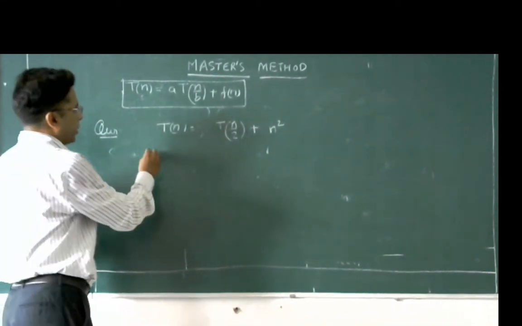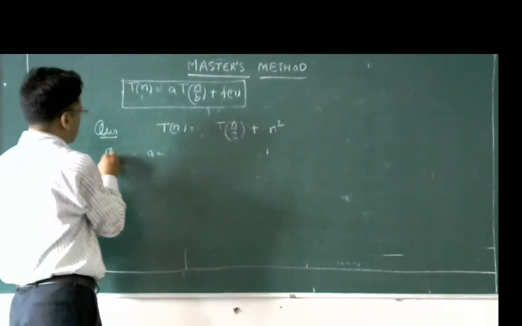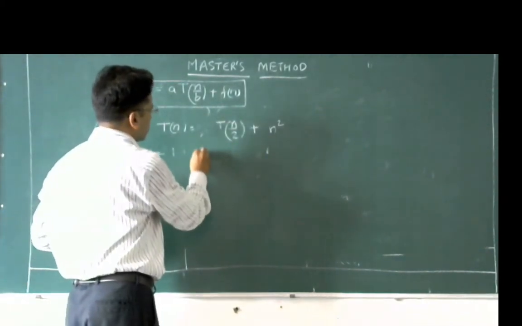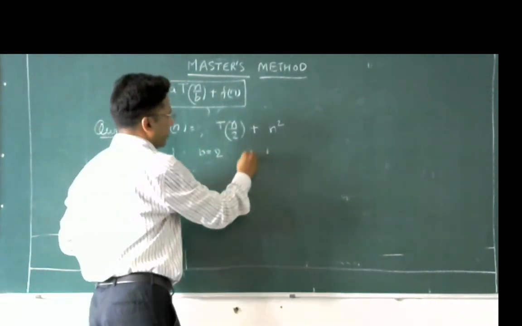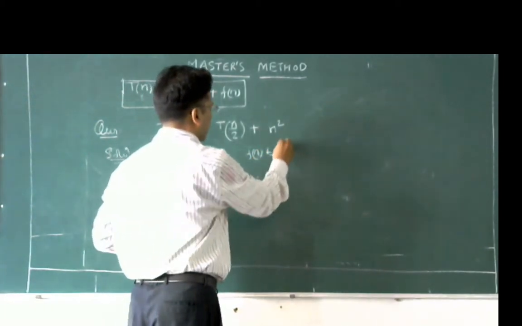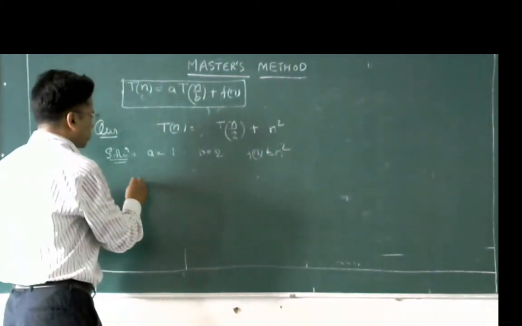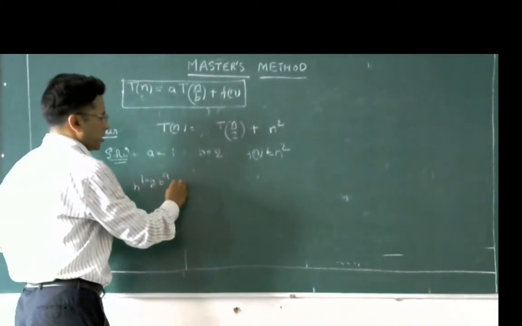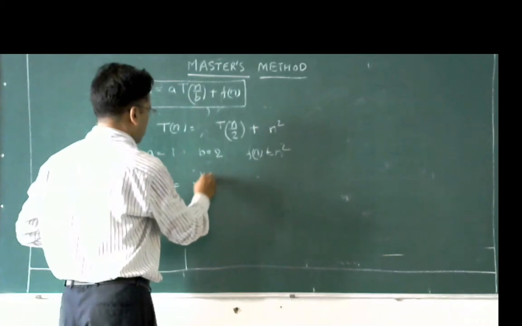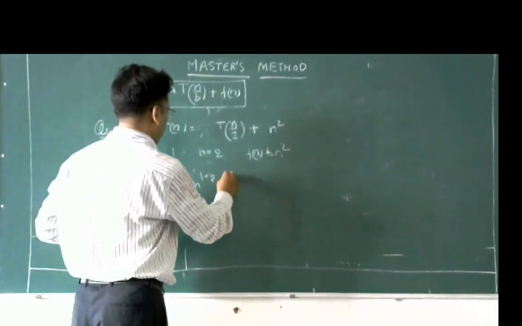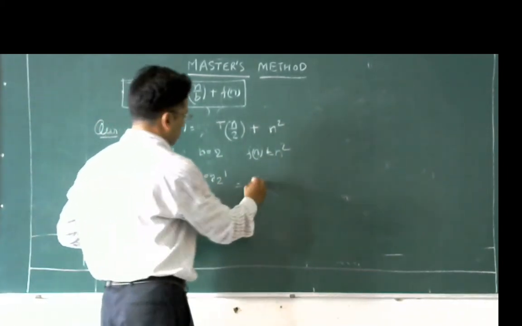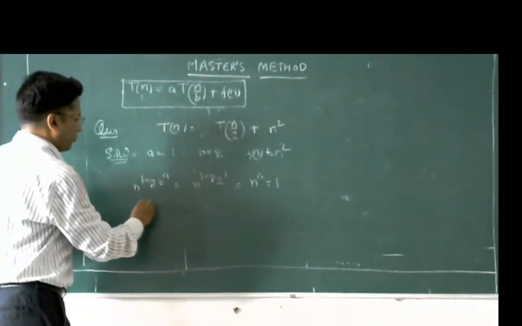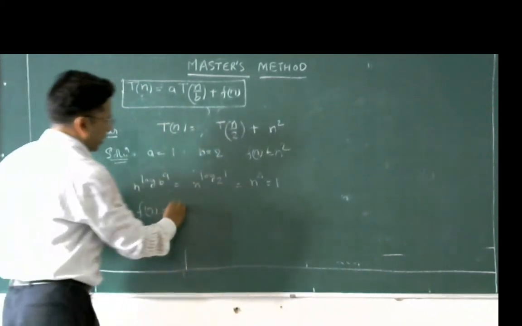Now here a is equal to 1, b is equal to 2, and f(n) is equal to n square. So n raised to the power log a base b is equal to n raised to the power 0, which equals 1, and f(n) is equal to n square.